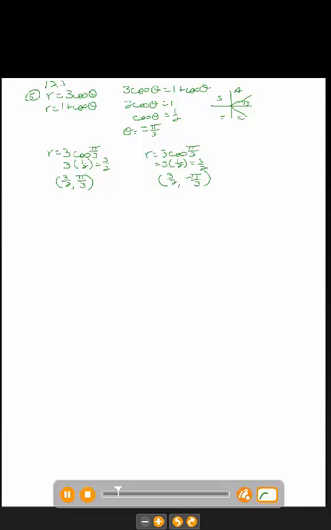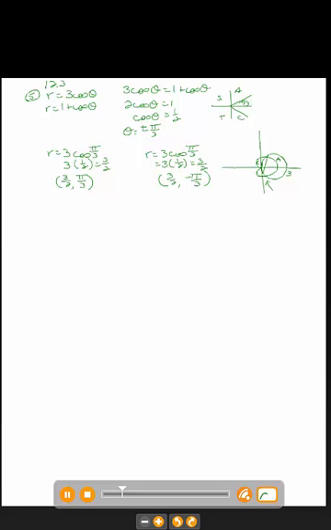Now, we need to look at the graph. If I graphed this, the circle 3 cosine theta, when you graph it on a graphing calculator, it's going to be on the positive x-axis when you draw the problem out. So let's see if I can find one that looks good.